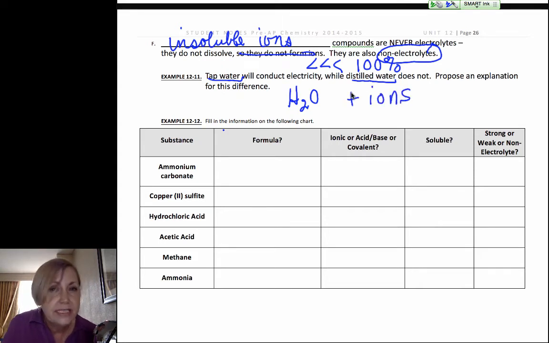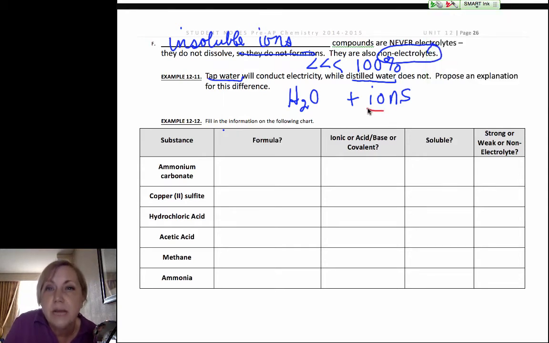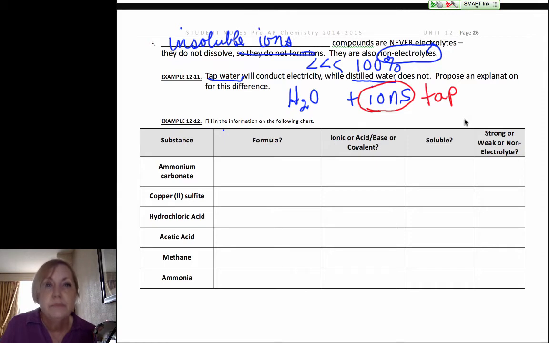Since both of these have the water, it must be the ion portion of an electrolyte solution that is present in tap water. So tap water must have dissolved ions in it, and indeed it does. Some tap water has enough to conduct weakly, and some tap water doesn't. It really depends on the city water.